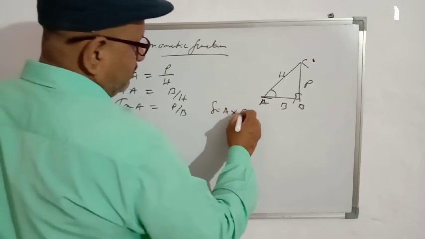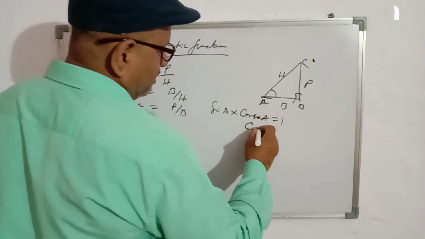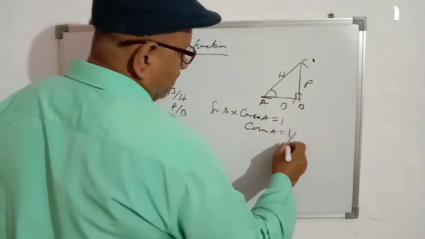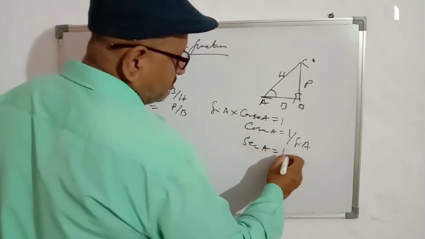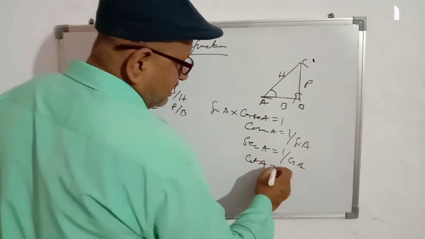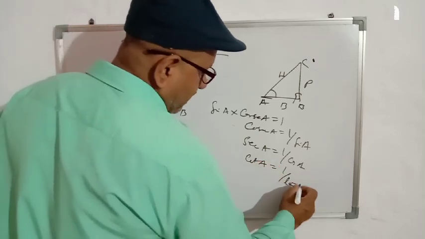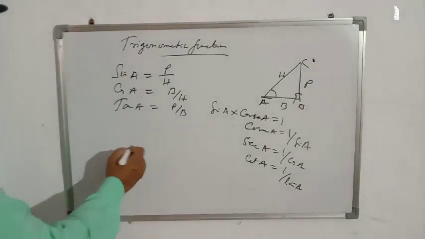Sin A into cosec A is equal to 1, or cosec A is equal to 1 by sin A. Both are reciprocal. Similarly, sec A is equal to 1 by cos A, reciprocal. Cot A is the reciprocal of tan A, 1 by tan A. These things you have studied in class 10th.